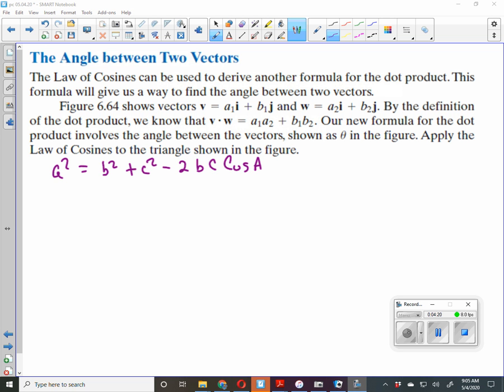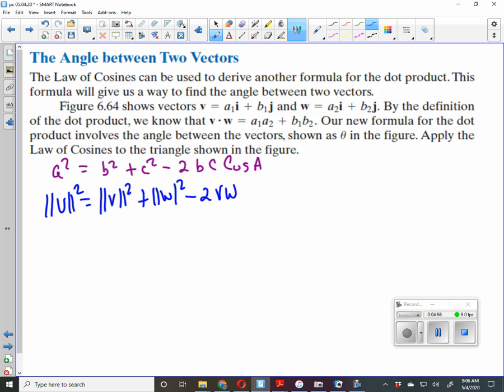Okay, from there, what we want to do is see if we can substitute in things that we know. For instance, when you square something, that's ultimately squaring the magnitude. So magnitude of u squared, we've kind of already seen that. Magnitude of v squared plus the magnitude of w squared minus 2VW.